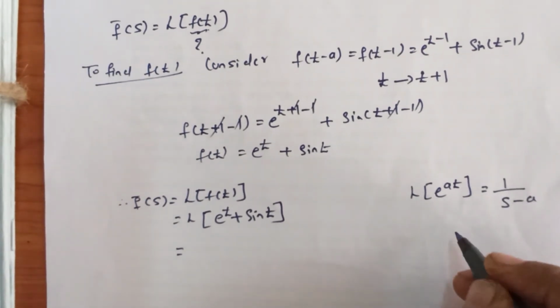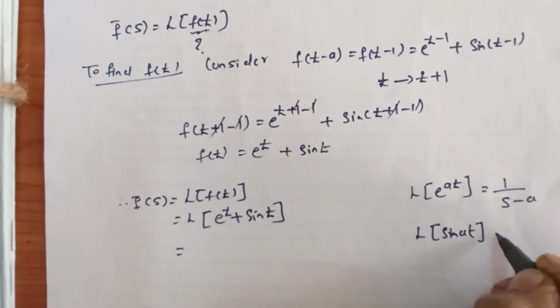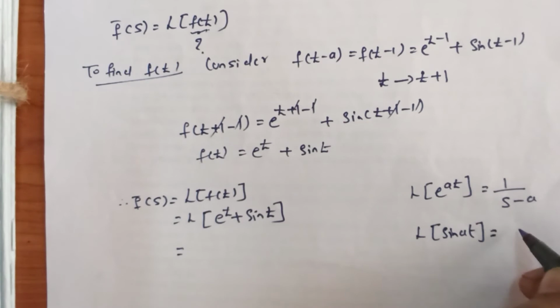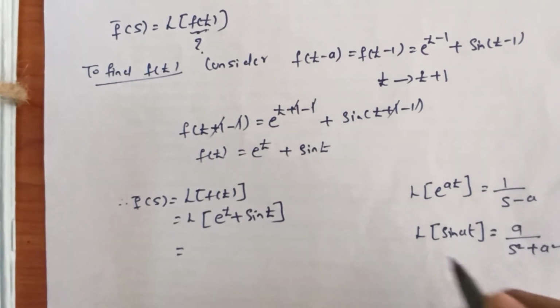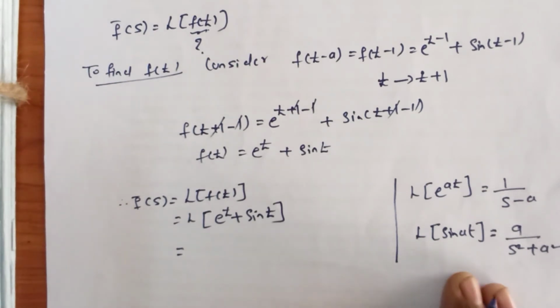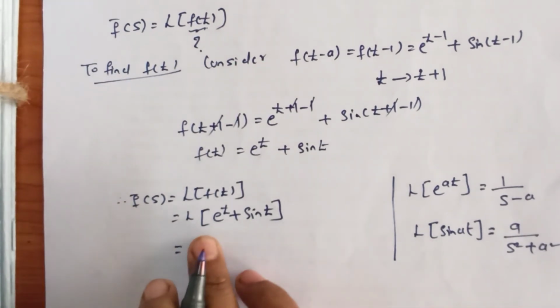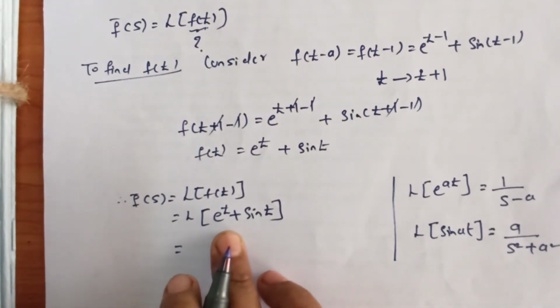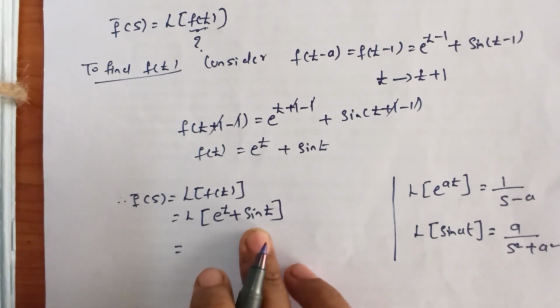This is the general formula, and the Laplace transform of sine at is a divided by s square plus a square. Now we make use of these formulas to find the Laplace transform of e power of t and of sine t.